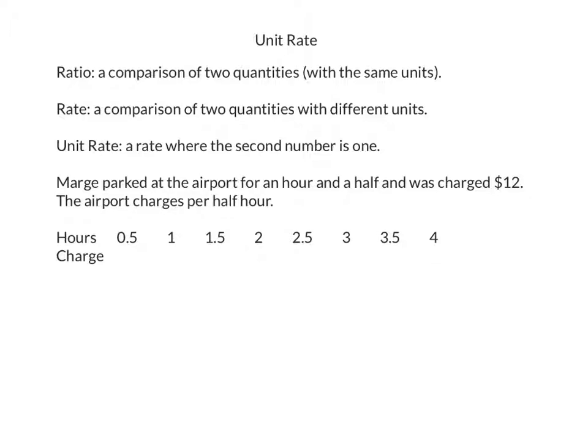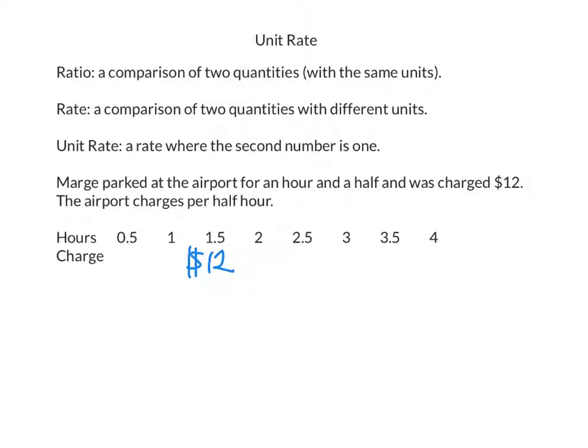And we already know one thing, and that is that Marge parked at the airport for an hour and a half, so that's 1.5, and was charged $12. So maybe we could go ahead and write that one in there. And the airport charges per half hour, which is why the table goes by half hours.